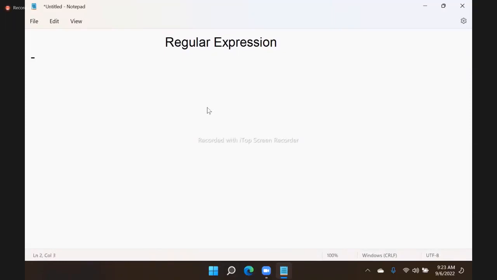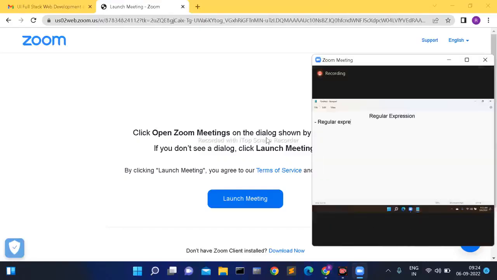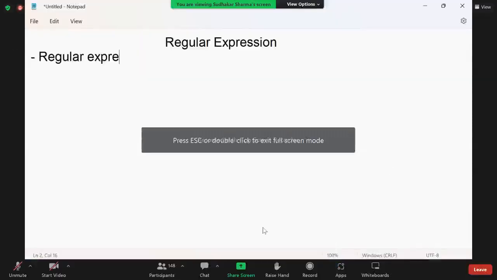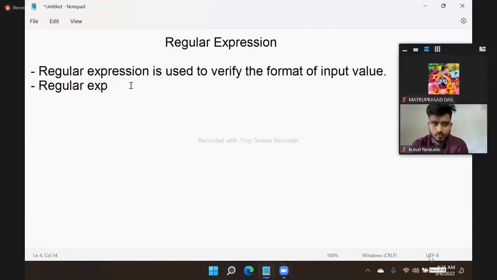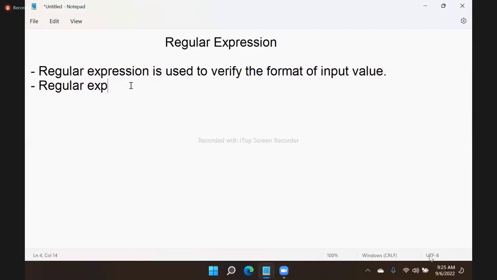So, regular expression is built by using two important parts.